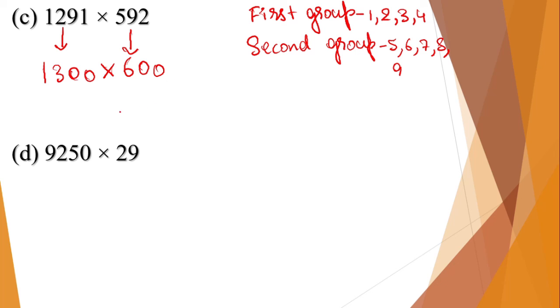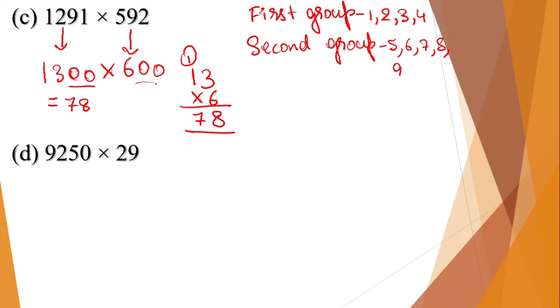Now we should just multiply them. Now here we should only multiply 13 by 6, and we can ignore the zeros. At last we can add them. So 13 into 6. So 6 threes are 18. So 1 carry over and 8 below. And 6 ones are 6 plus 1 is 7. So we will get 78.